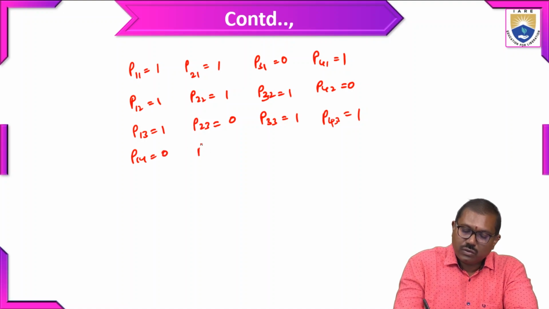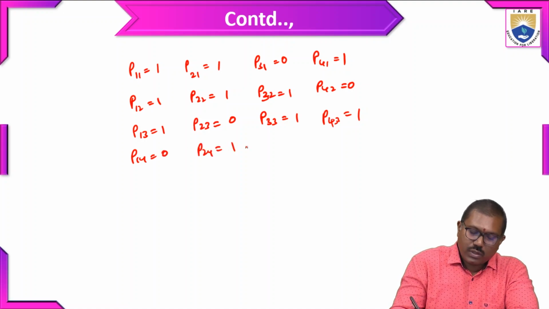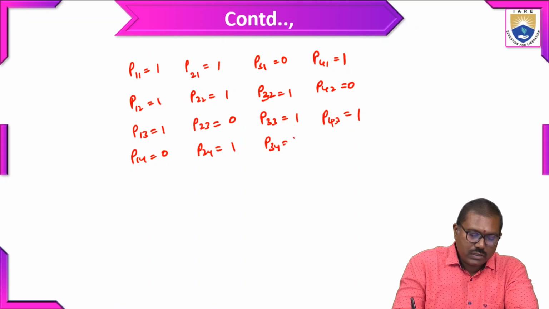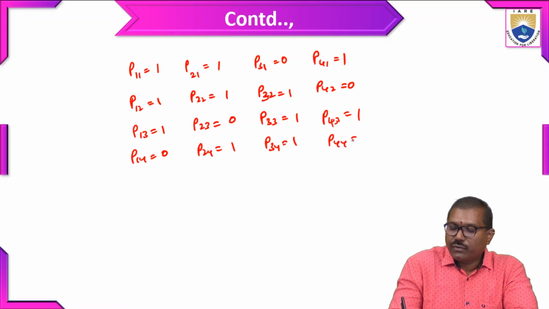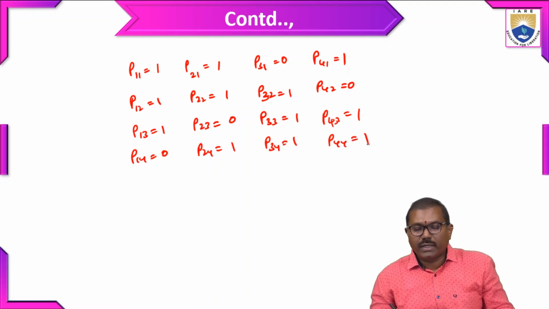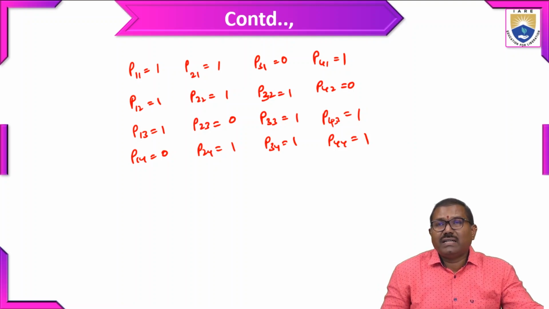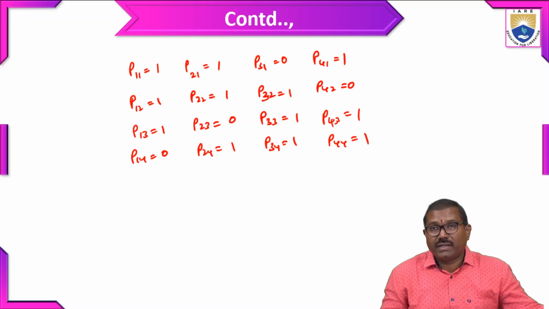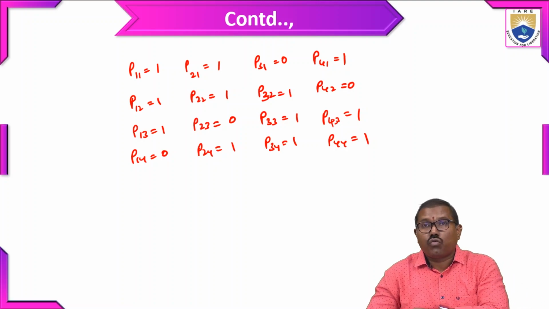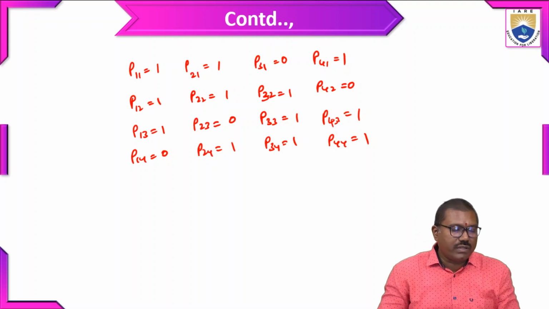P14 is 0, P24 is 1, P34 is 1, P44 is 1. Okay. So we found the elements of the coefficient matrix. Now we are going to substitute these coefficient elements in the coefficient matrix.